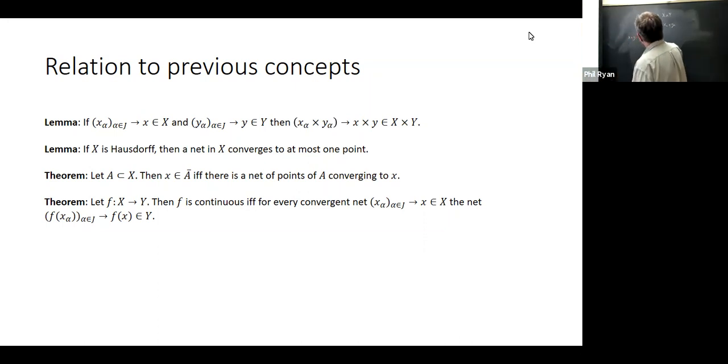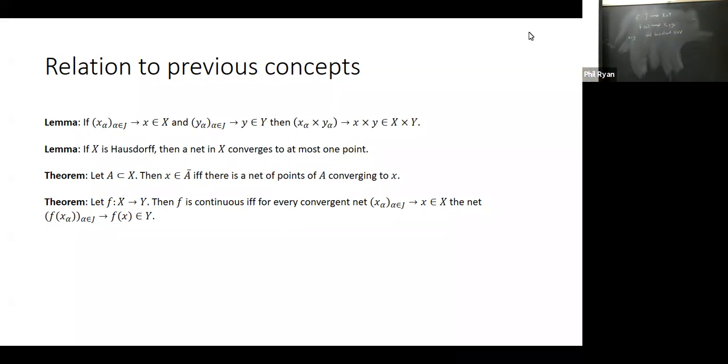Well, we choose some neighborhood. So we can use a basis element, a neighborhood, U cross V, right?